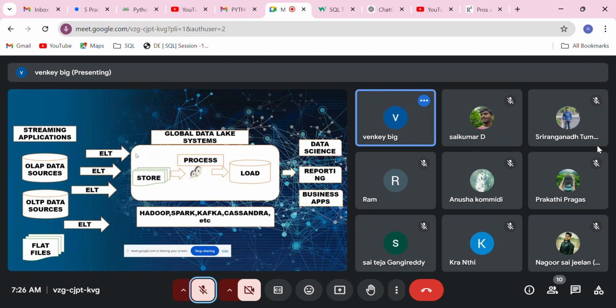Whether you process and then transfer, or load it into raw and then process, it's your architect's decision. Be very, very clear. If the raw data is needed for the business, then definitely they will load data first and then transform.